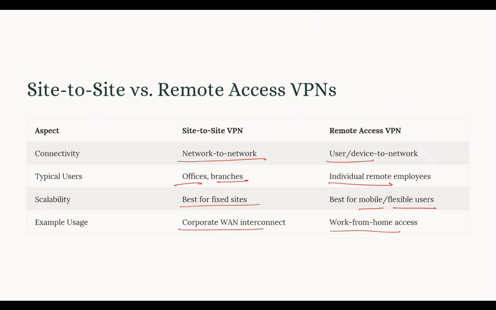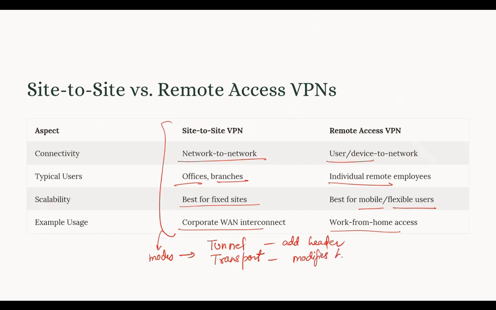One more thing I want to add here is that when we talk about the site-to-site VPN, there are two modes through which we can configure the VPN: tunnel mode and transport mode. The tunnel mode adds a header, whereas the transport mode modifies the header. Like if we are using a router to router configuration here, you will use GRE.